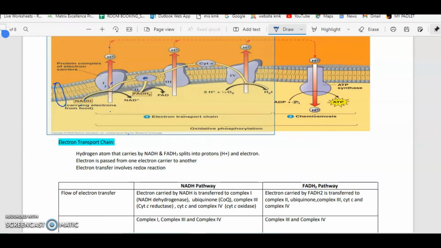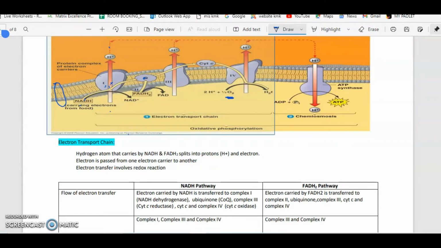Then cytochrome C will transfer electron to complex 4. Complex 4 reduces, cytochrome C oxidizes. Next, complex 4 will transfer electron to the final electron acceptor, which is oxygen. So oxygen will reduce, complex 4 oxidizes. Again, when complex 4 oxidizes, it may pump hydrogen ion from matrix to intermembrane space.